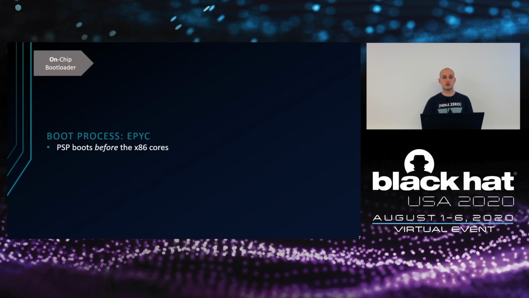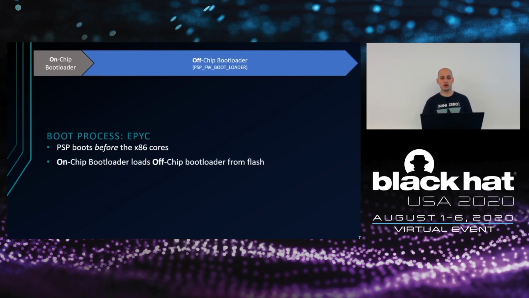And the on-chip bootloader is embedded in read-only ROM memory. Now, the responsibilities of this on-chip bootloader are to load and verify an off-chip bootloader, which is stored on the SPI flash. Now, if the binary of the off-chip bootloader could be verified using a public key, the off-chip bootloader is executed, and the off-chip bootloader will initialize the system.